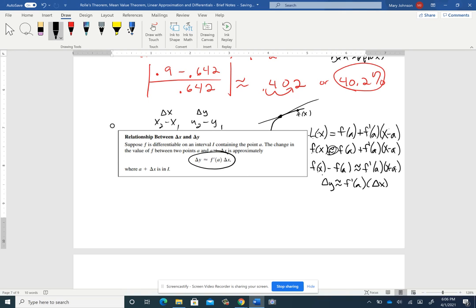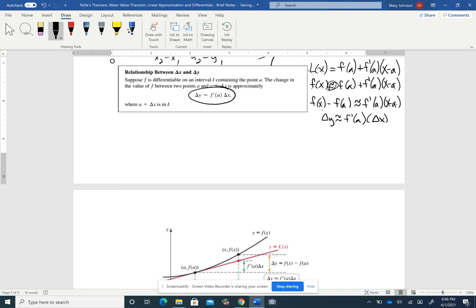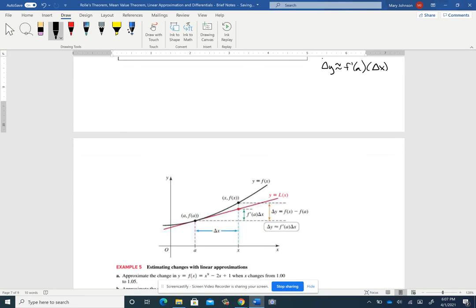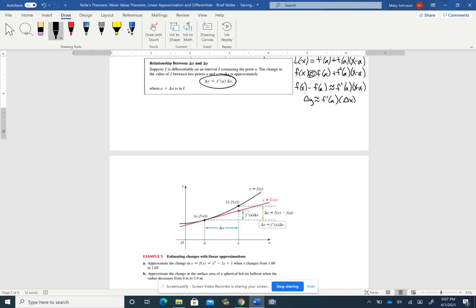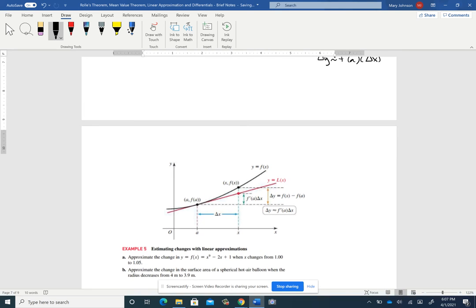There's a better picture here that might help. Just make it bigger. So you've got your original function. This red line is the equation of the tangent line to the curve at A. You're actually trying to estimate something that happened out here using the linear approximation.